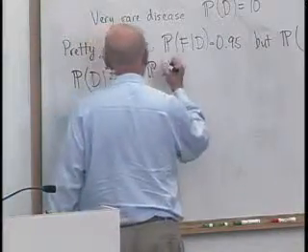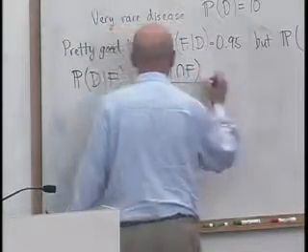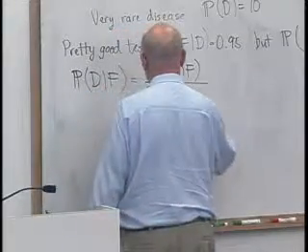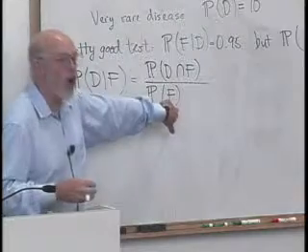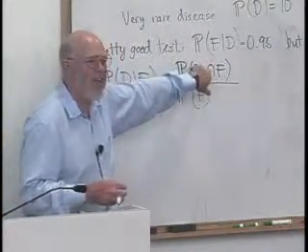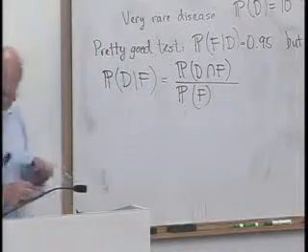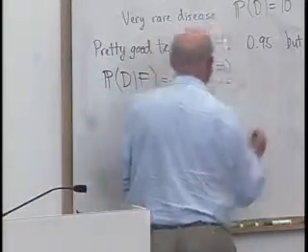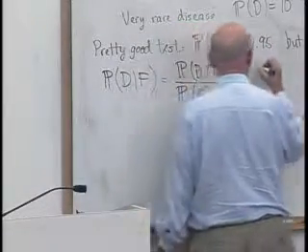This is the probability of D intersect F divided by the probability of F, which is basically saying, let's take all the cases where the test comes up positive and ask in what fraction of those cases is it a result of the person actually having the disease. And I will use the formula that I just derived in a very special case.